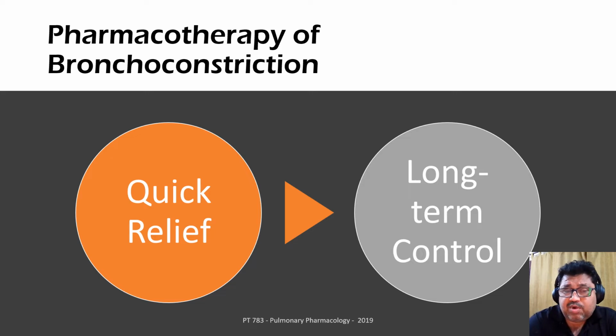The goal of bronchodilator therapy is, one, to allow quick relief. That means if a person is gasping for breath because of narrowed airways, it quickly opens it up. And secondly, in reactive airway disease, it helps in controlling the bronchoconstriction over a longer period of time by preventing the mechanisms that lead to bronchoconstriction.